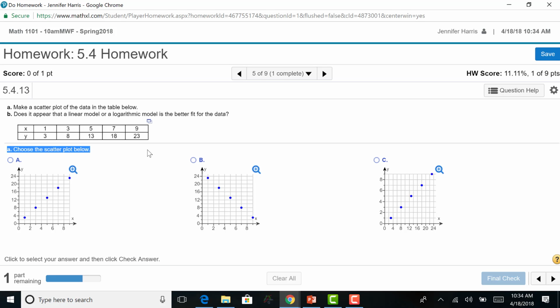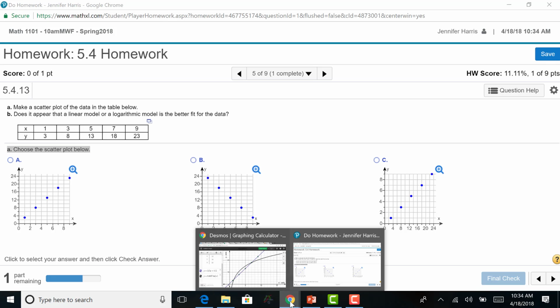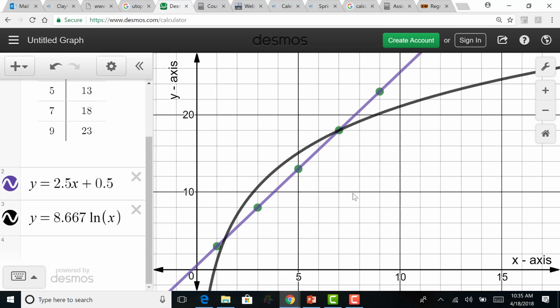What questions do you have about doing this part? Do you determine which one is a better fit by how many points it touches?